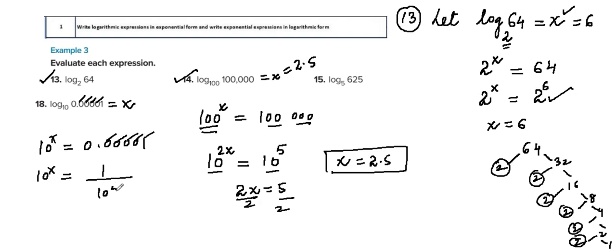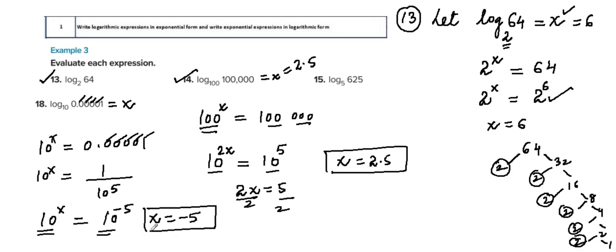So 10 power 5 in the denominator. How are we going to change it? It will become 10 power x, and swap it, so the power will become negative. The base is the same now, so the powers will be equal, so x is minus 5. So this is your question number 18. This is how we do the first multiple choice question.